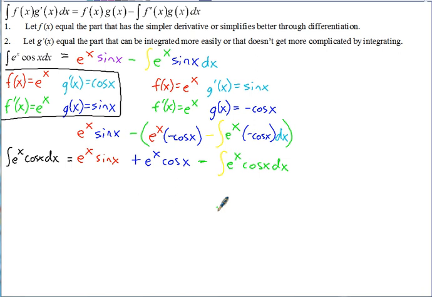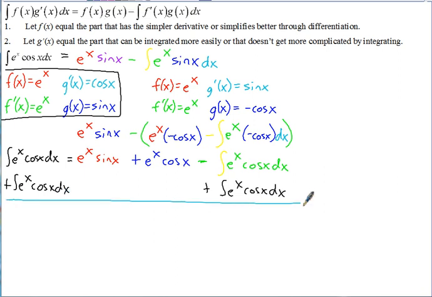Okay, so if we want to solve for e to the x cosine x, notice since these integrals are the same, you can actually combine them like terms by adding the integral e to the x cosine x dx to both sides of the equation. Now let's see what that leaves us with.